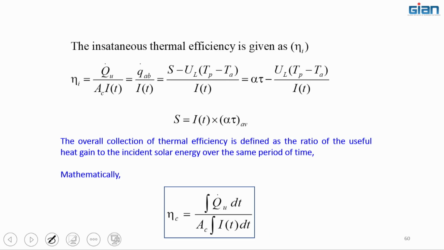Once you know these other parameters, we can find out the instantaneous efficiency, and throughout the day what the efficiency is. It is very easy now, all the parameters are known. Sometimes, since we need to find S, it is very difficult to find RB, RR and individual IB. So we just take IT and multiply it with tau alpha average. Tau alpha average will take care of both beam and diffuse radiation, which is easy for us to calculate.